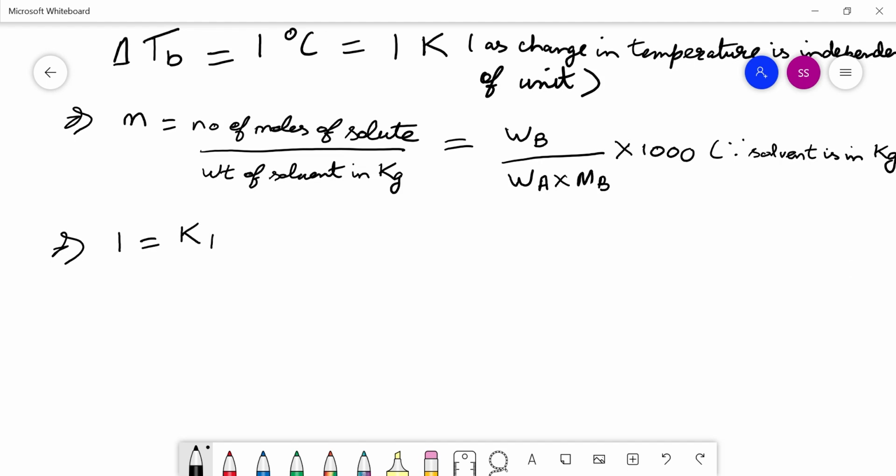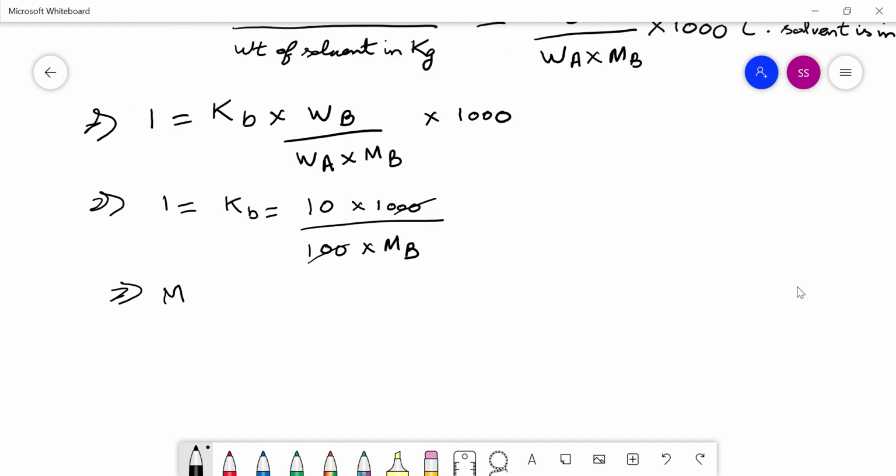Elevation in boiling point is equal to 1, which is equal to Kb into Wb divided by Wa into Mb multiplied by 1000. एक्सप्रेशन में सारे वैल्यूज को डालने के बाद और उसे कैलकुलेट करने के बाद हमें मिलता है मोलर मास ऑफ solute is equal to 100 into Kb.